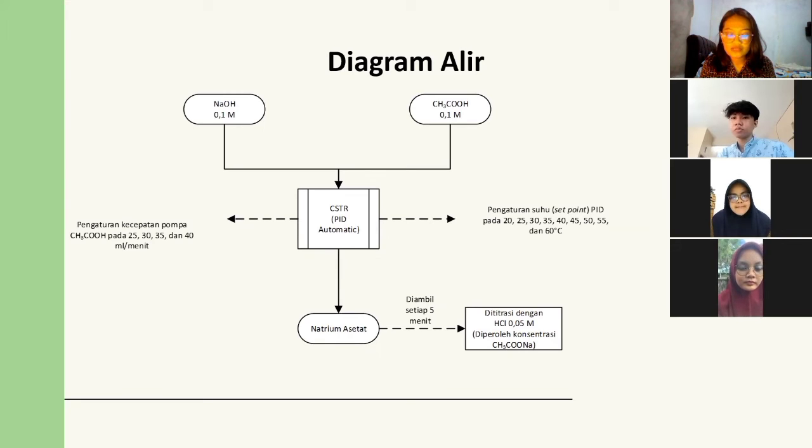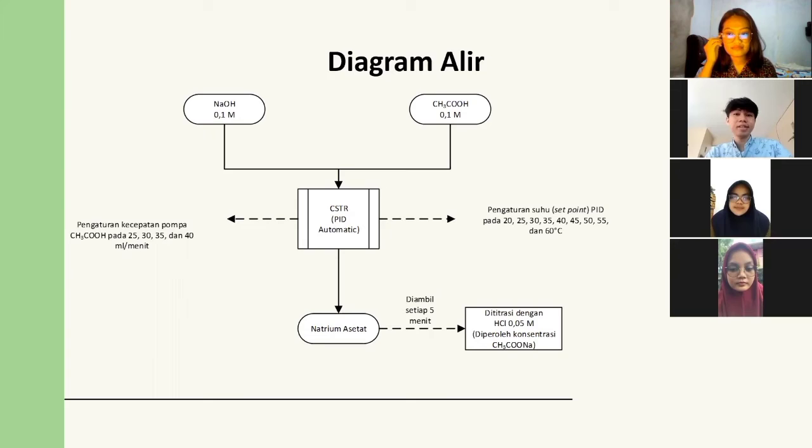The procedure was repeated at 30, 35, 40, 45, 50, 55, and 60 degrees Celsius. The procedure was also repeated for the ethyl acetate pump speed of 25, 30, 35, and 40 milliliters per minute. I give it back to the moderator.